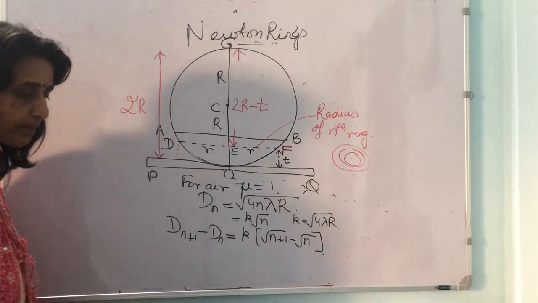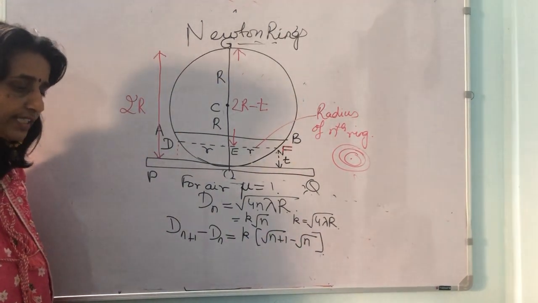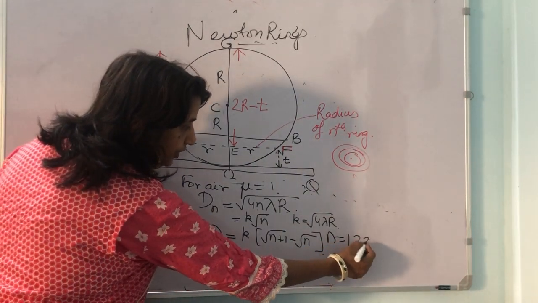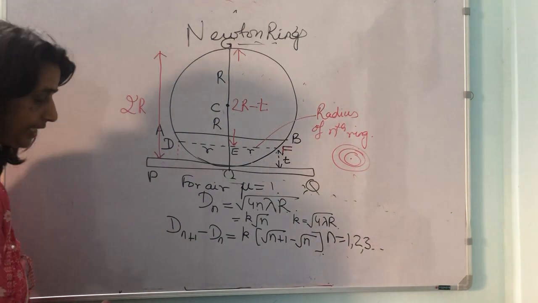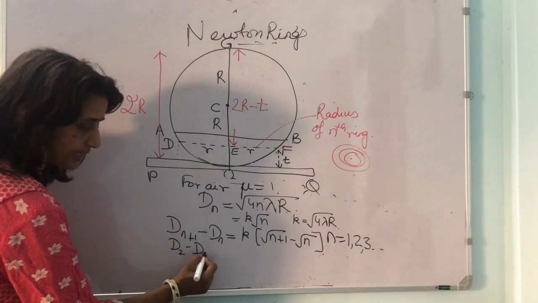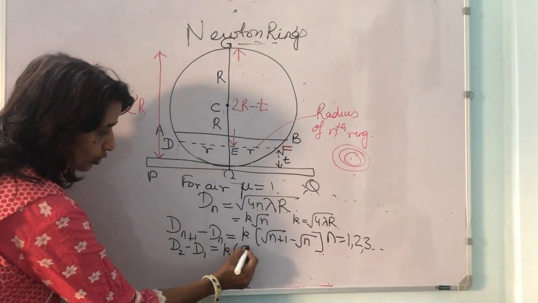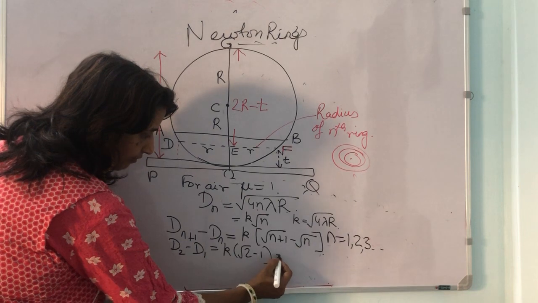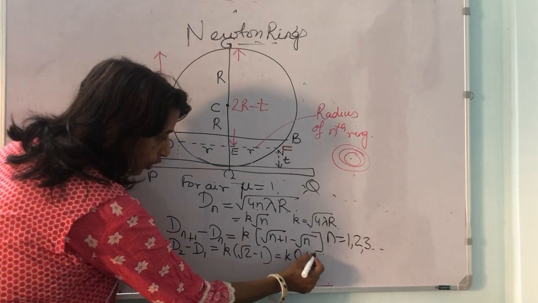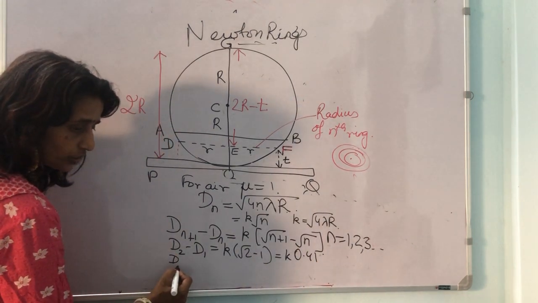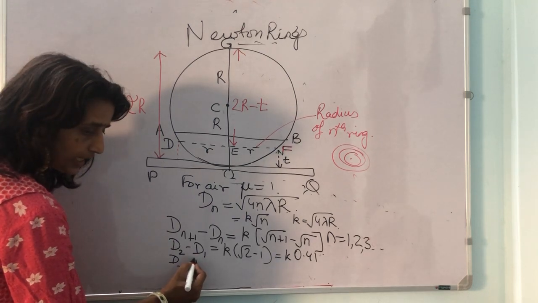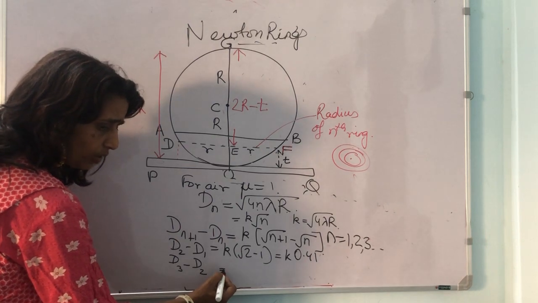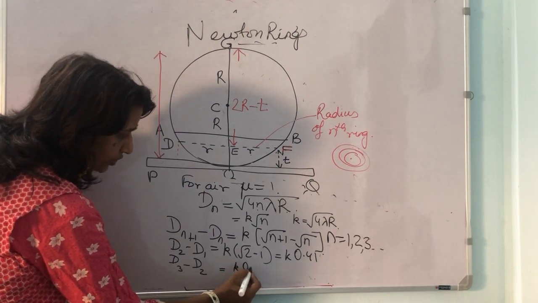So the spacing between consecutive rings is obtained by putting n equal to 1, 2, 3, etc. See, d2 minus d1 is k into (under root 2 minus 1), which comes out as roughly k into 0.41. d3 minus d2 is roughly k into 0.32.